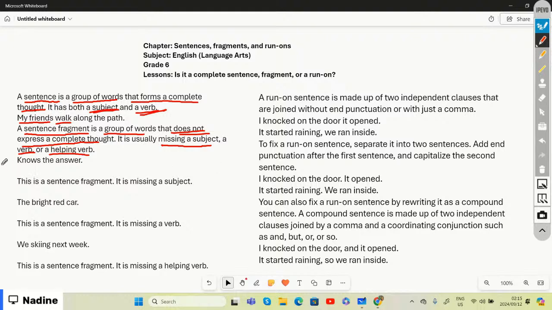And if we look at an example, we say, knows the answer. If we look at that sentence, it says, knows the answer.